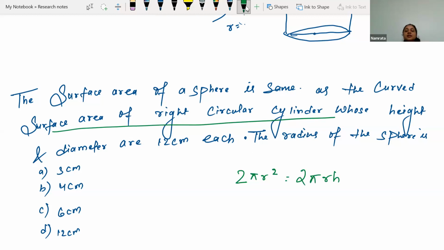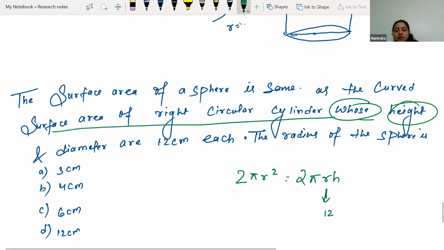Now, what does the next statement say? Whose height and the diameter are 12 centimeter. Diameter it says, not the radius, so be careful. Radius we have to substitute.